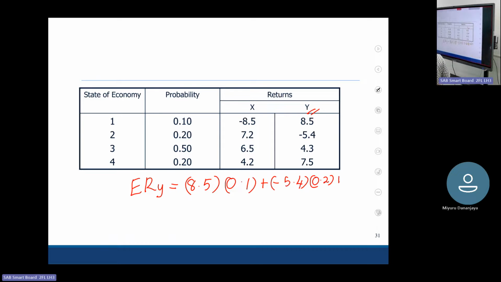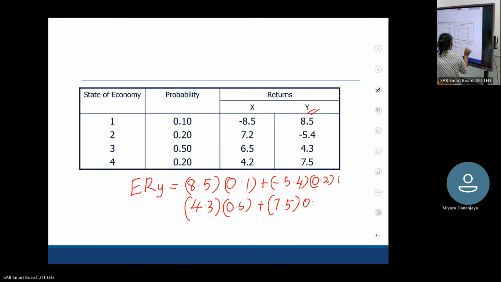Plus, forecasted return under the third state of economy 4.3, probability of happening 0.4, plus forecasted return in the fourth state of economy is 7.5, probability 0.2. So that is the expected return of Y.